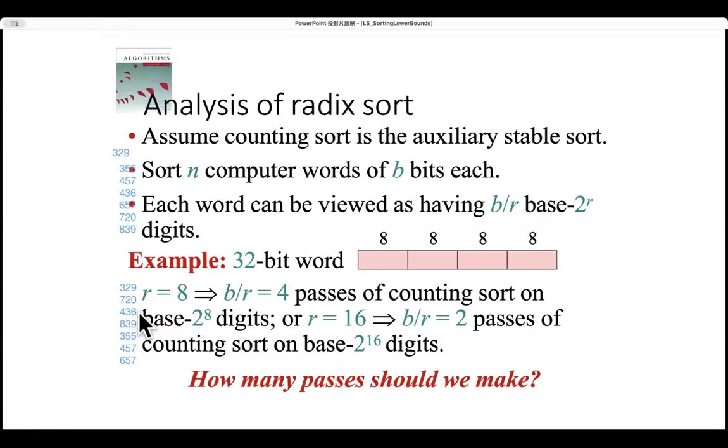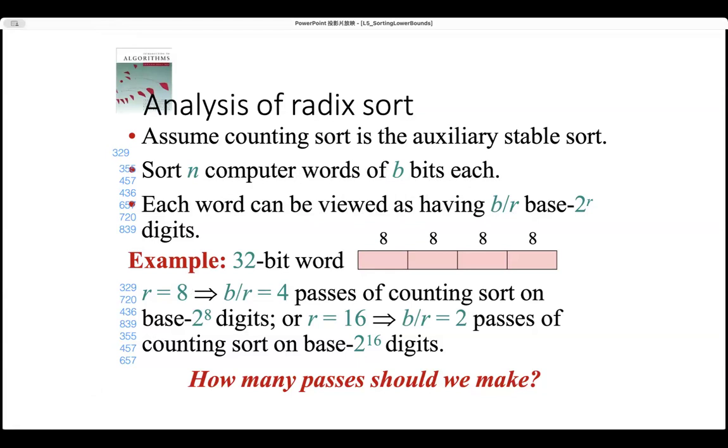Here we are sorting n computer words of b bits each. For example, if each word is 32 bits, you can break it into four 8-bit pieces.